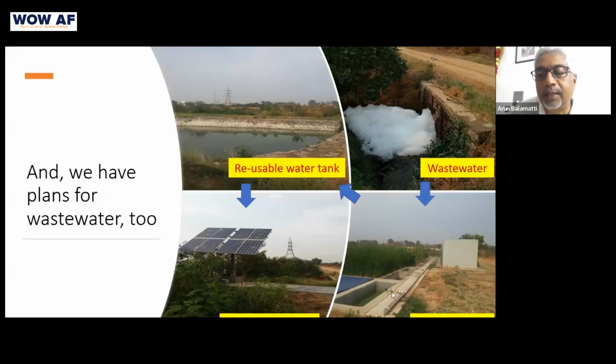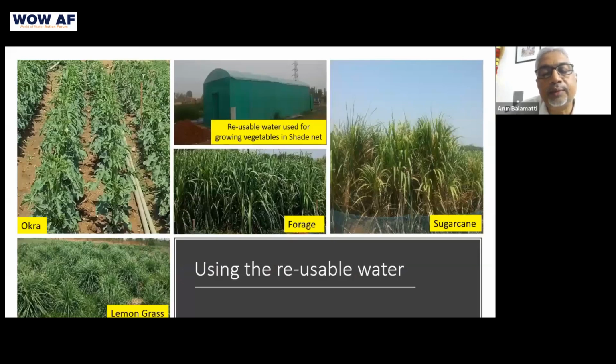The water is diverted here and purified through plants, then diverted to this storage tank, and pumped to agricultural fields using solar pumps. This reusable water is used for cultivating crops like vegetables, lemongrass, sugarcane, even forage crops, plus some vegetables under shade net.